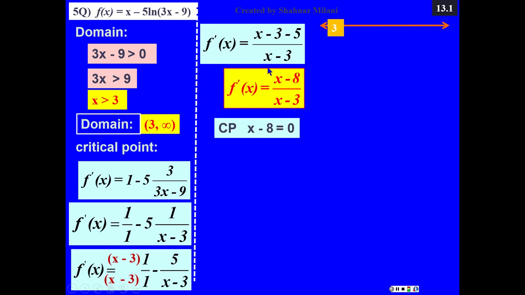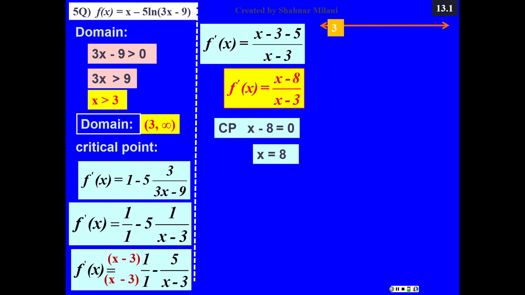In my PowerPoint, I'm going to just go by the shortcut. I would just set the numerator equal to 0. Then solve for x. Move the minus 8 to the other side. It becomes positive 8. That means the x coordinate for the critical point is going to be 8.